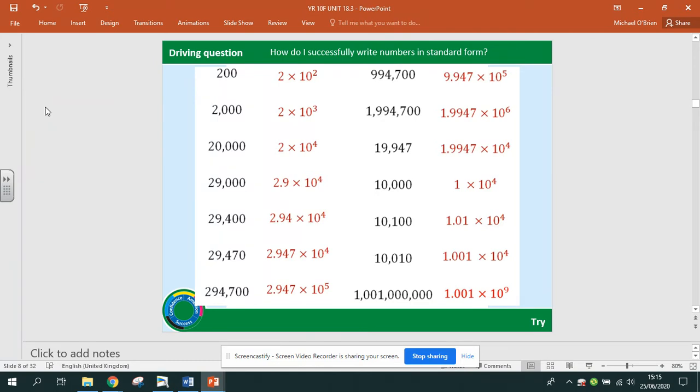And 1 billion 1 million, 1.001 times 10 to the ninth.